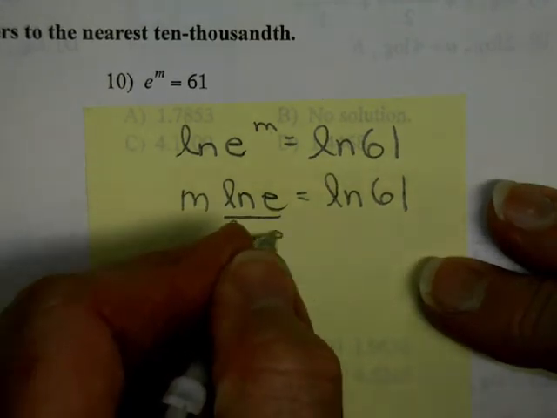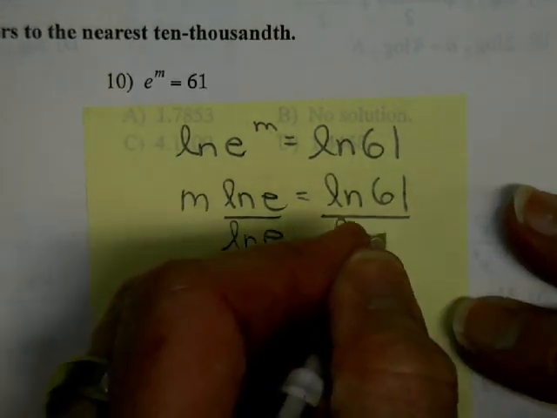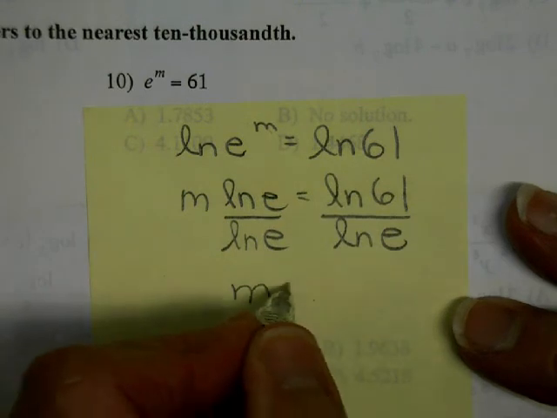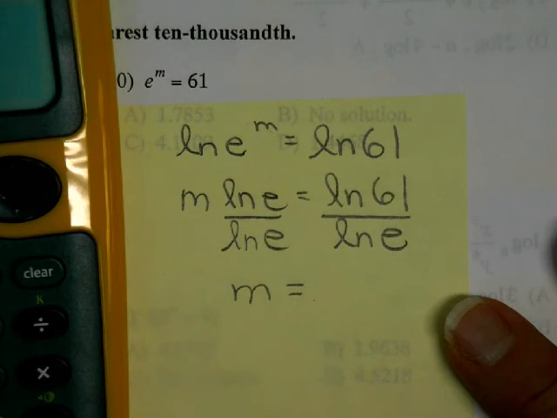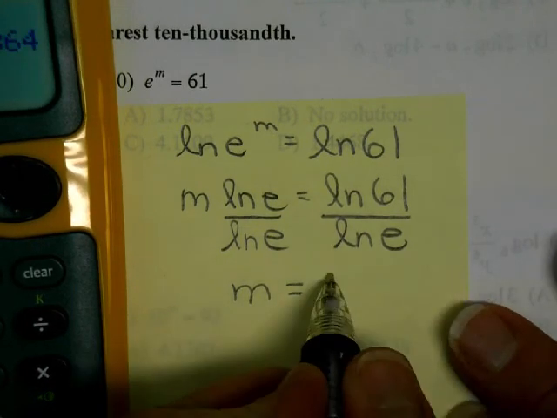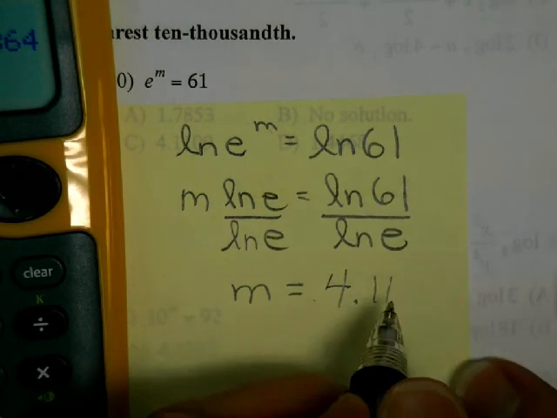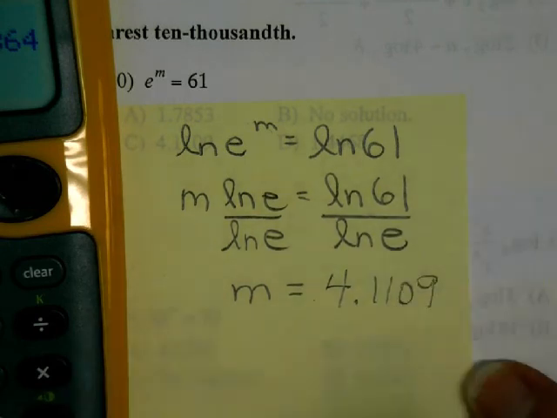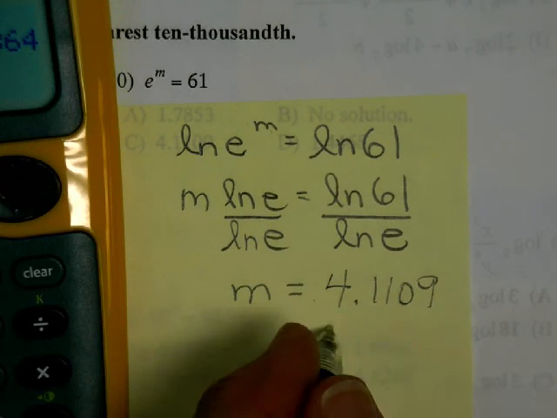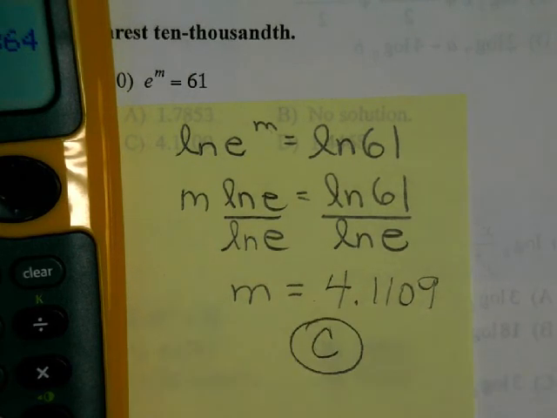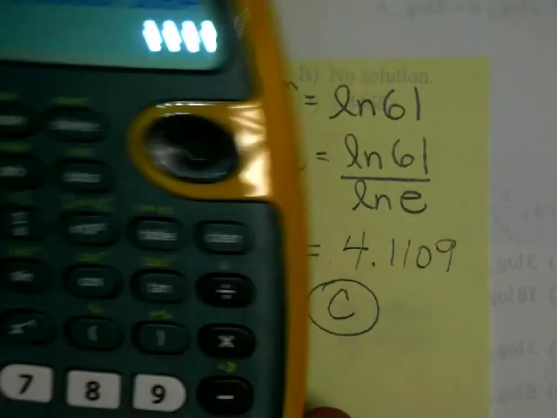And then if you didn't remember that is 1, you could still divide both sides by the natural log of e. And put that in your calculator. So it's just the natural log of 61. 9. Is that a choice? I have mine covered up. Yep, it is. Letter C.